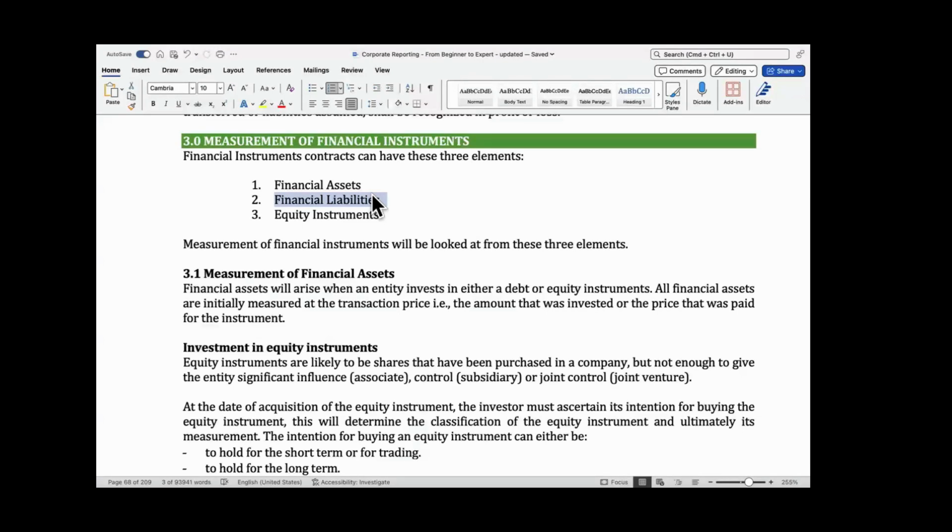I did some examples with you guys to show you how amortized cost will be determined, whereby they will give you an effective interest rate, because what income in the case of financial assets you will be earning is now beyond the nominal interest rate.